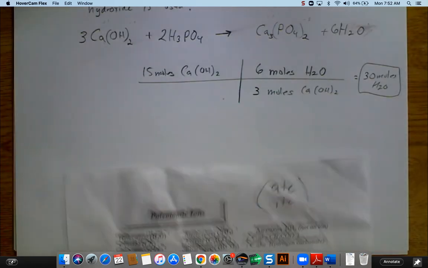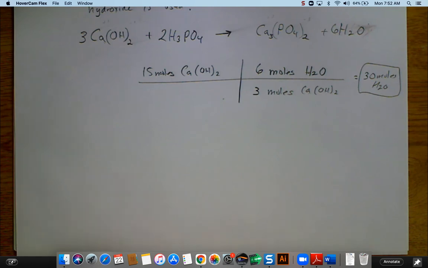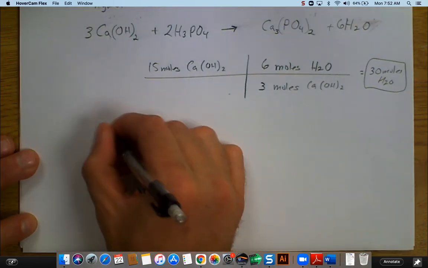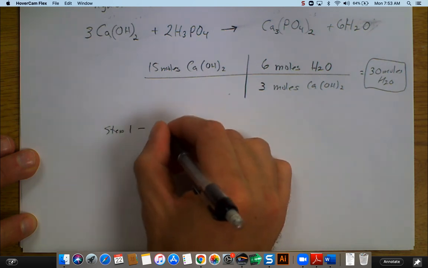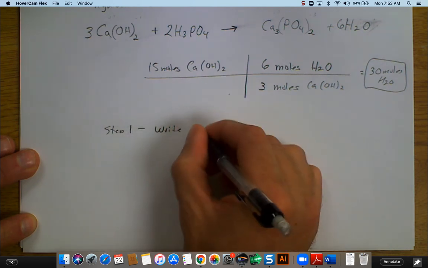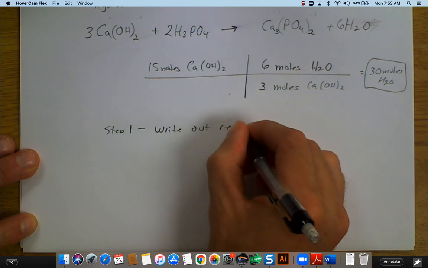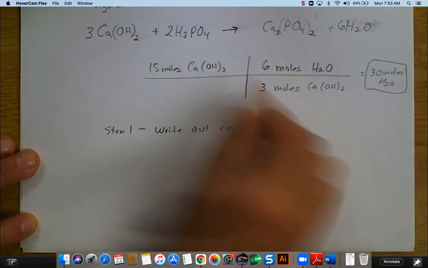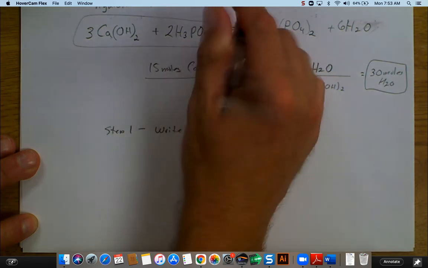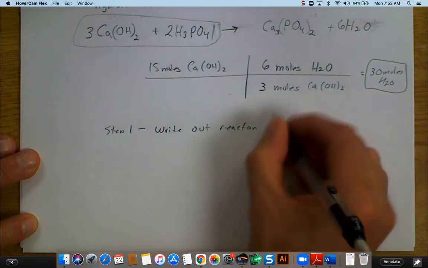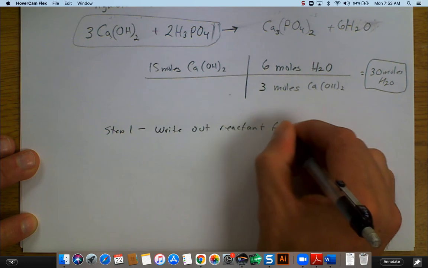So just as a little bit of a recap, let's go ahead and write this out. Step 1 is to write out reactants. Remember, reactants are the things on the left-hand side of the chemical formula. So write out reactant formulas.